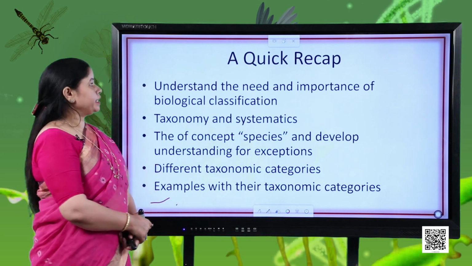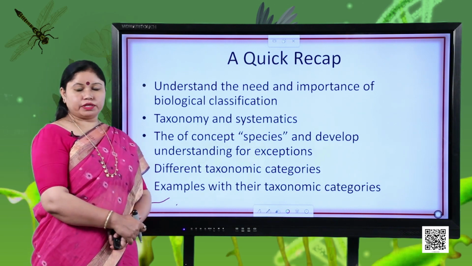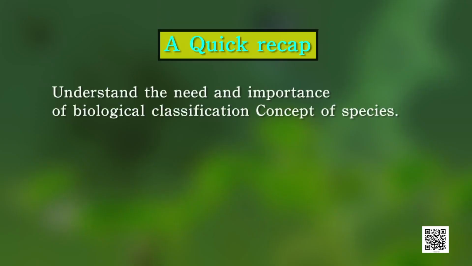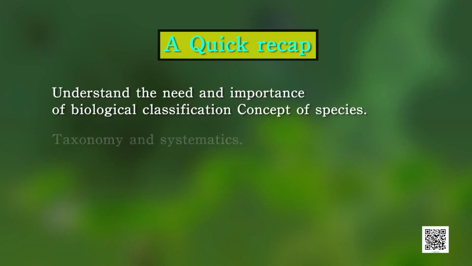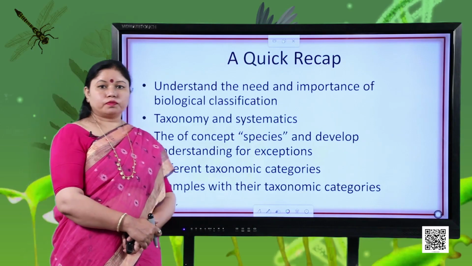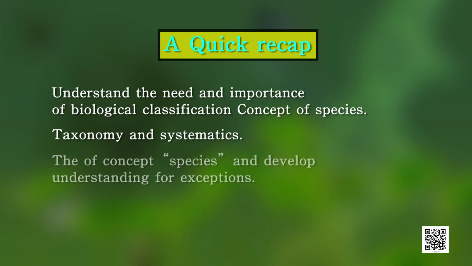Let us have a quick recap of the session. Today we discussed and understood the need and importance of biological classification. We also explained taxonomy and systematics, two branches of biology. We also tried to understand the species concept and develop understanding of the exceptions.